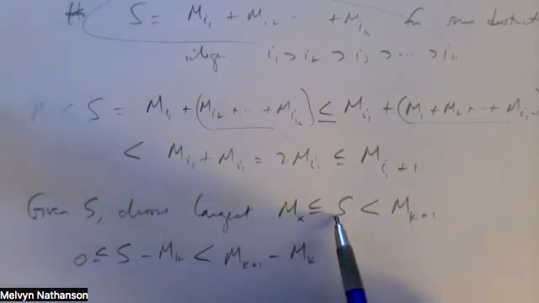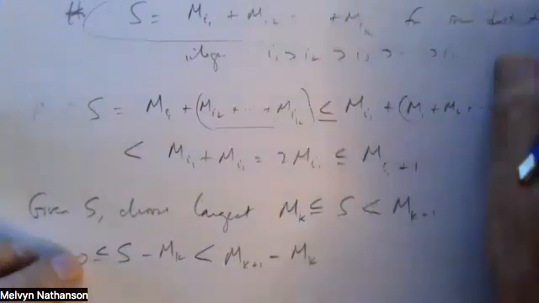So if M sub K is less than or equal to S, when you write S, okay, this is all true, but let me just try and find a clearer way of writing this.